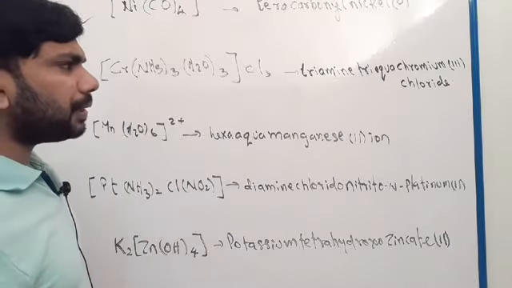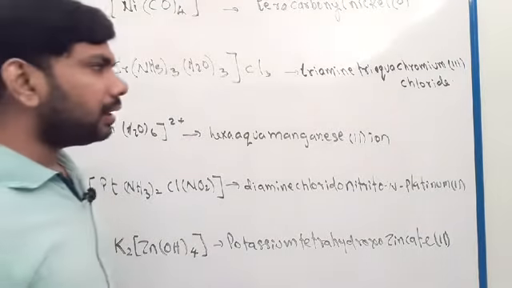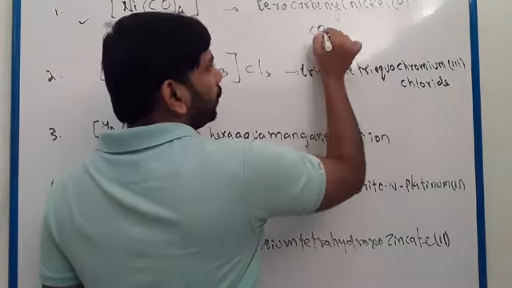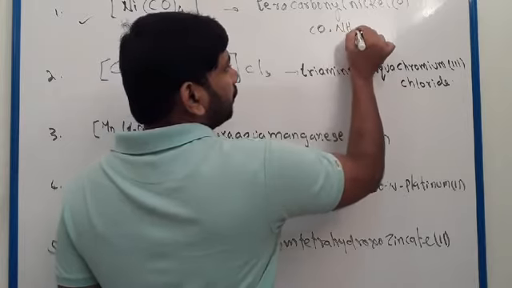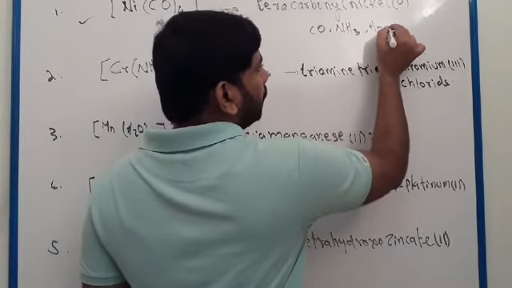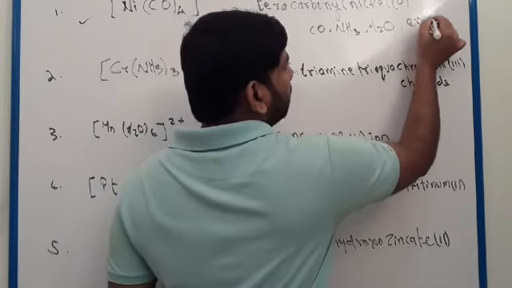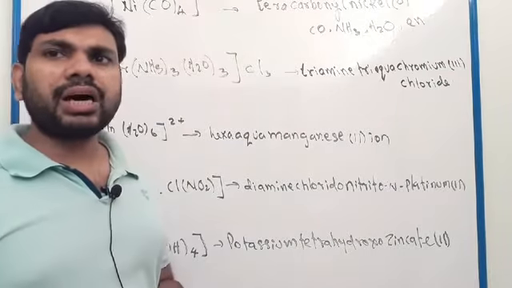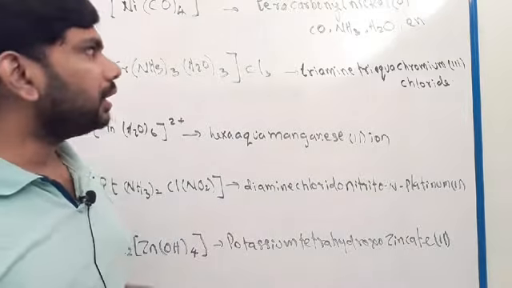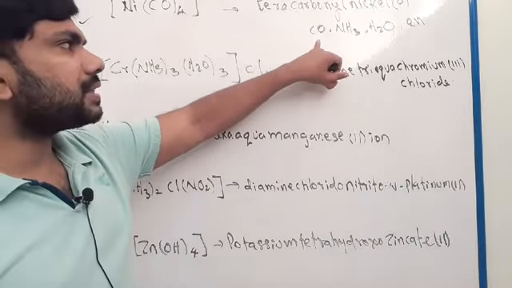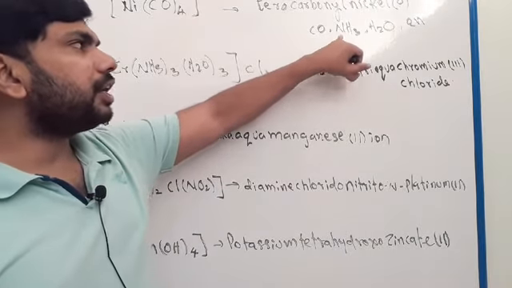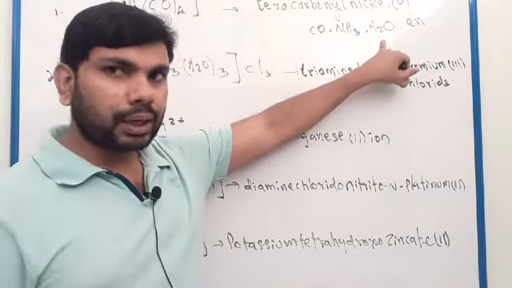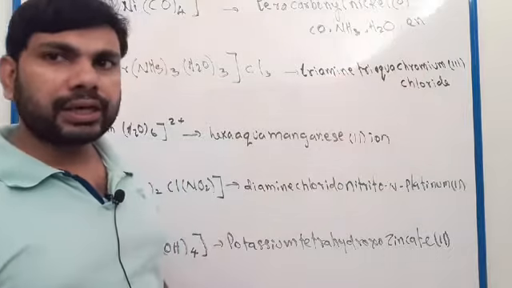Basically you have to understand ligands such as CO, NH3, H2O, ethylenediamine, they have no charge. Their charge is 0. CO means carbonyl, NH3 ammine, H2O aqua, en ethylenediamine.